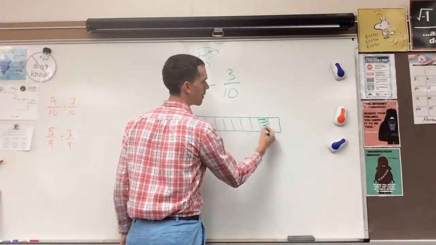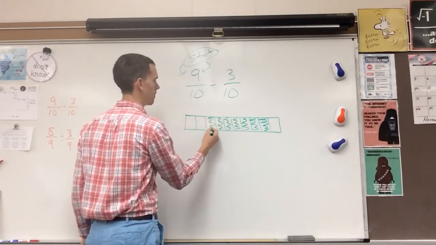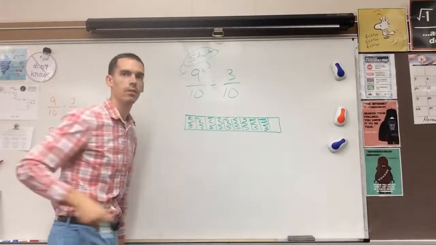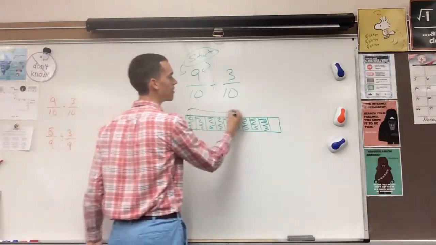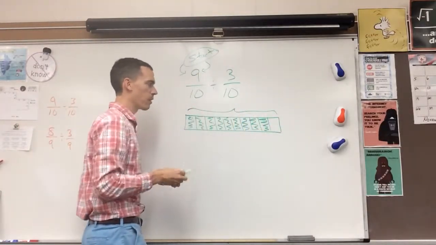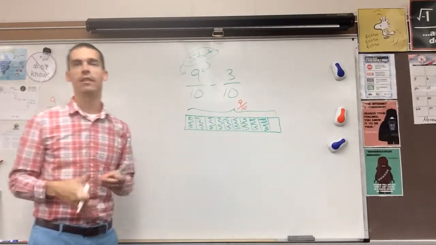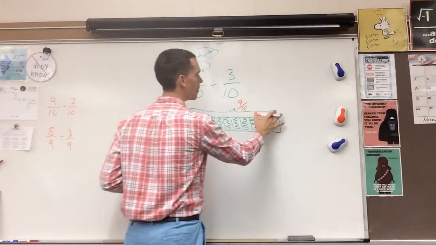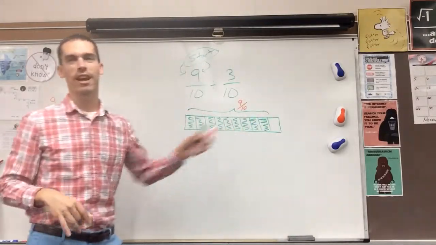Shade in 9 of them. I go to the last one. You can tell I've done this a couple times. I'm showing 9/10. This whole value right here is equivalent to 9/10. I'm showing the 9, actually, that I should really show to this here. Before any of you guys catch me, I caught that one.